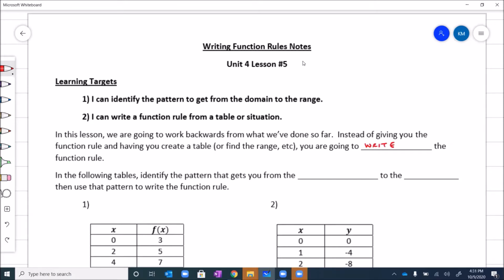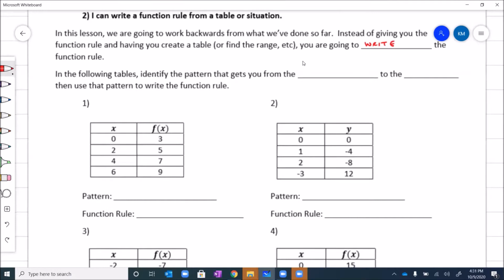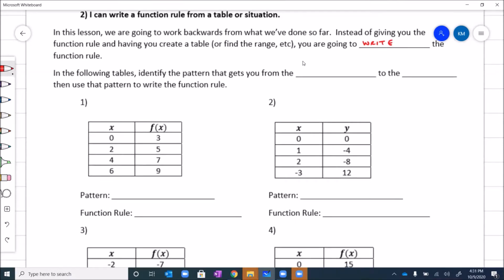In the following tables, identify the pattern that gets you from the domain to the range. At this point, we should know from the x value to the y value, and that should be our question each time. Does this get me from x value to y value? Does this get me from input to output?